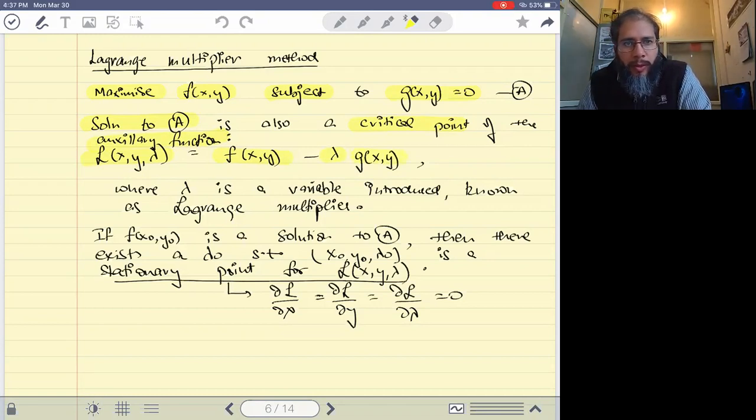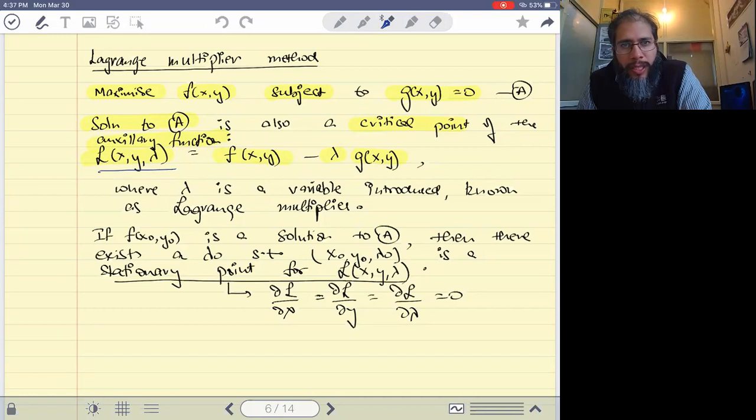So you take your function f, you take your constraint g(x, y), and you simply subtract them by multiplying g with some variable lambda. Now L, the auxiliary function, becomes a function of three variables, x, y, and lambda. Remember, lambda is a variable in this case.